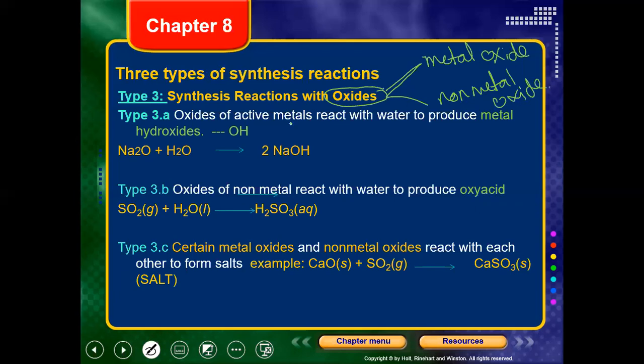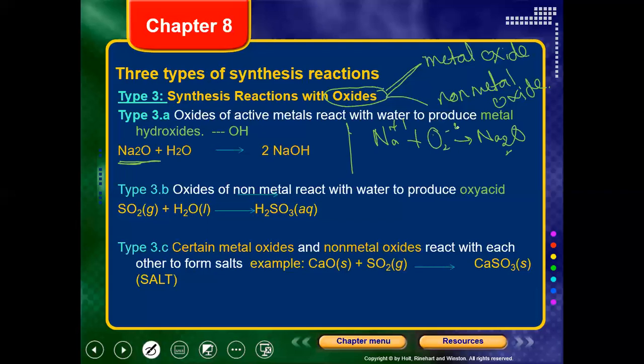So the first type, oxides of active metals, when I'm saying active metals, mainly group 1 and group 2, react with water to produce metal hydroxide. So take this as a rule. Wherever there is an active metal oxide, like sodium from group 1, sodium reacts with oxygen, producing Na2O. Why is it Na2O? Because sodium is positive 1, oxygen negative 2, just switch the charge.